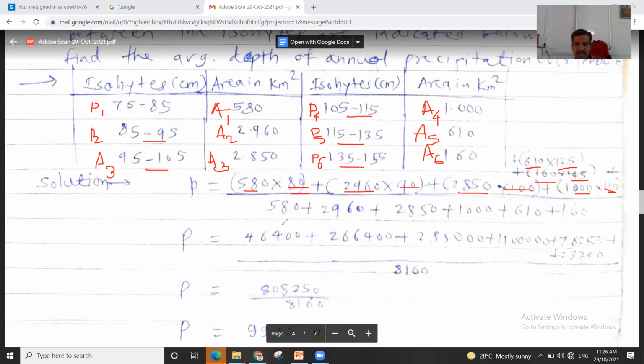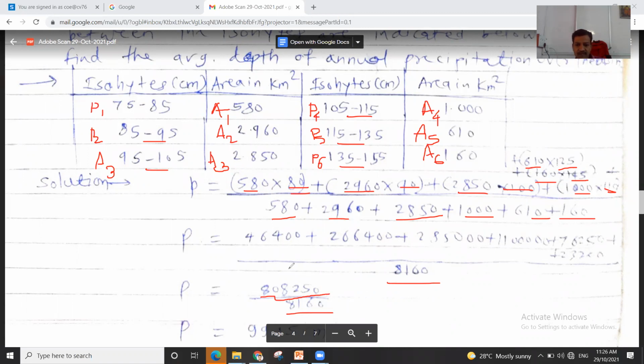या इक्वेशन मध्ये ठेवायचं आहे एरियाज A1 A2 A3 A4 A5 आणि A6 यांचे ऍडिशन किती येईल 8160. म्हणजे P1A1 अप टू P6A6 यांचे ऍडिशन करायचं आहे व्हॅल्यू किती येईल 808250 and addition of this summation of all the areas we get 8160.